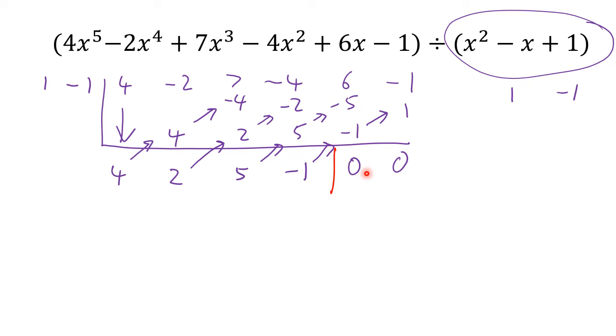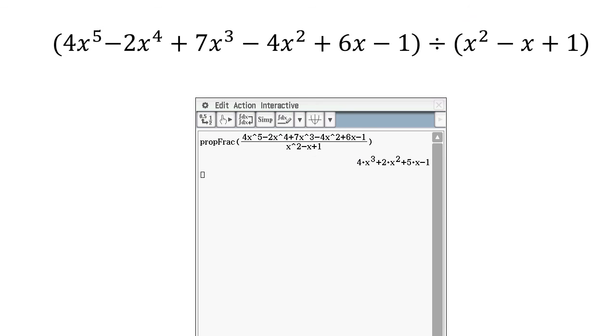So the last 2 are the remainder with our synthetic division, and so that's going to be minus 1, 5x, it's positive, and then 2x squared, and then 4x cubed, which is exactly what we got before. So that's how you do it with synthetic division. And then, of course, after all that, you could have done it on the calculator.